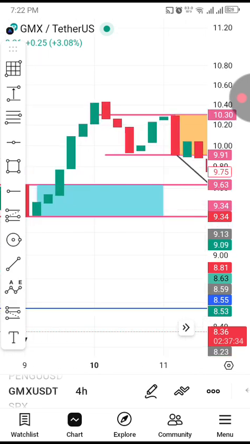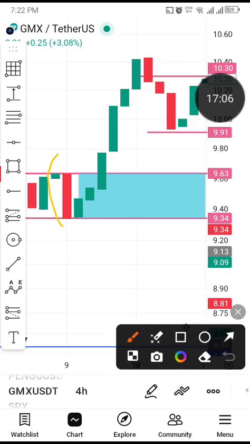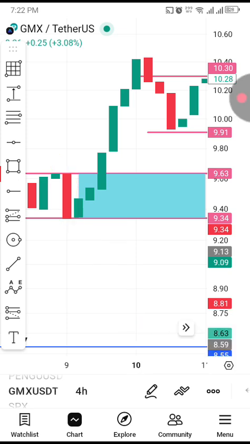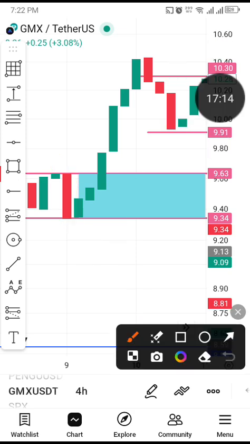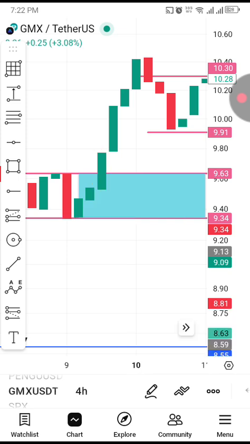So let me show you, if it happens like this, if you were expecting the market to come and retest before going down, and you have seen that, and again you see that the market has come back inside the box, after coming inside the box, closes with a strong bullish candle like that.